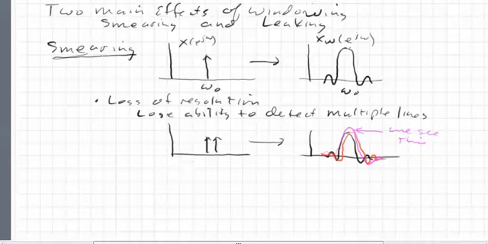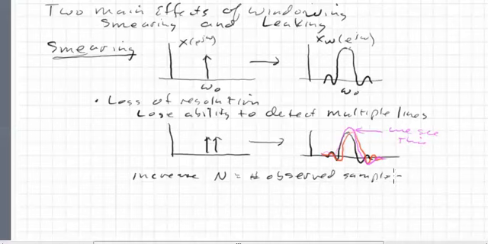Okay. So that's the smearing effect, and what we can do to help that is increase the number of samples observed, and that reduces or narrows the sinc function, so there's less smearing.